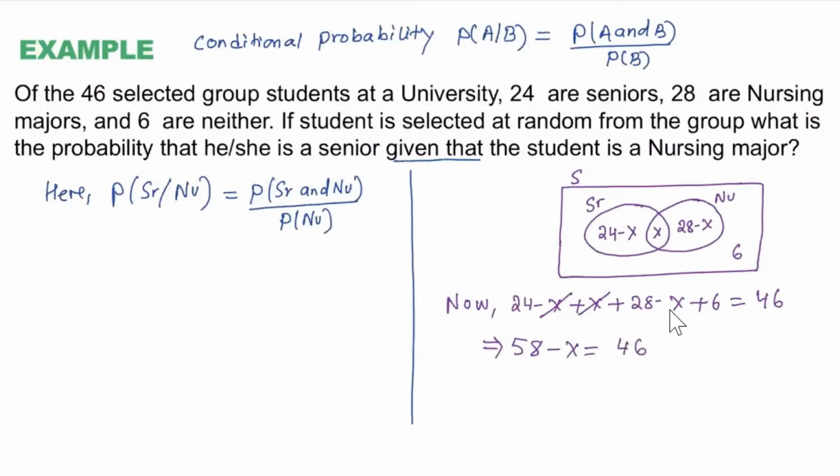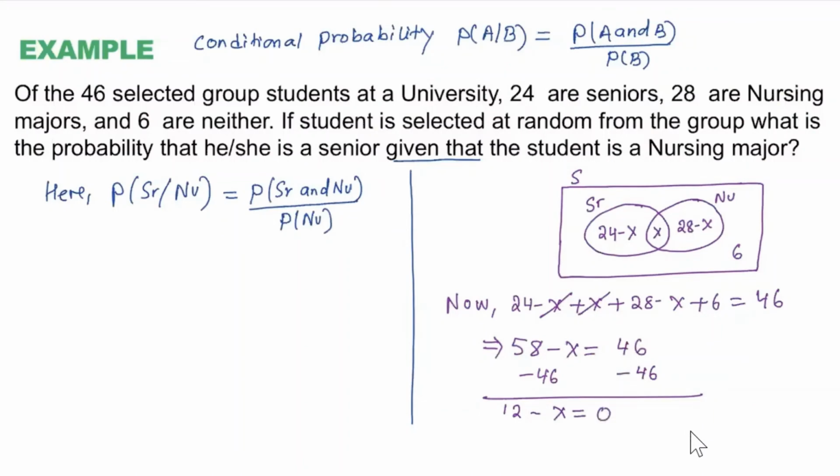Now, if I subtract 46 on both sides, let's see what we get. What is 58 minus 46? That's 12. And there is minus X still there, equal to, how much is 46 minus 46?